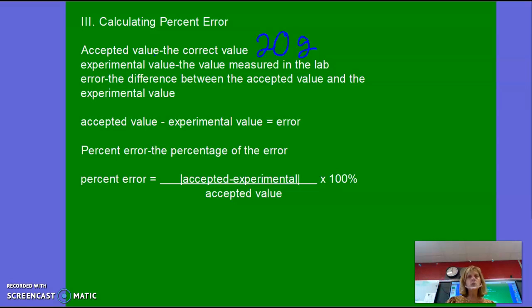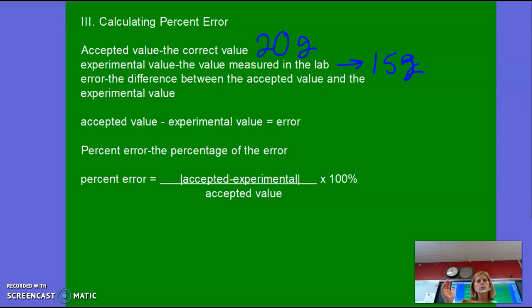But let's say you do the whole chemistry experiment, you weigh your mass of the product at the end, and you only got 15 grams. So my experimental value, what I actually got, was 15 grams. Then what is my percent error?